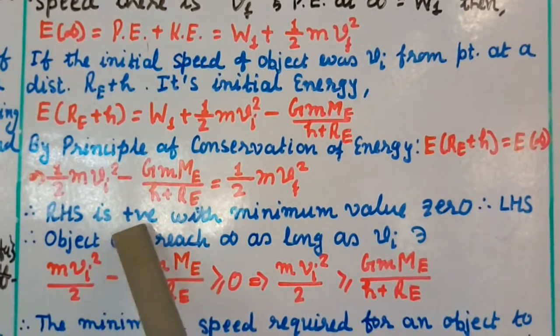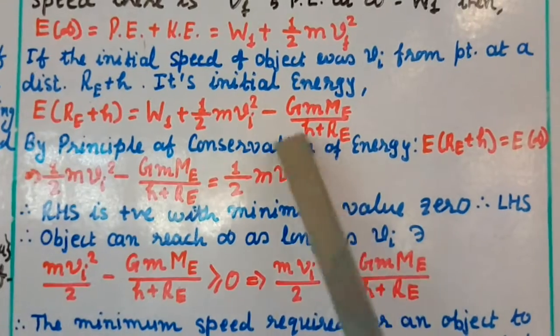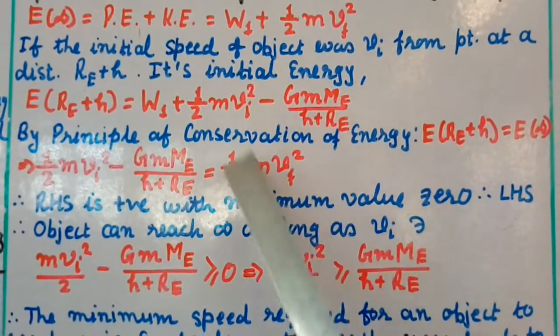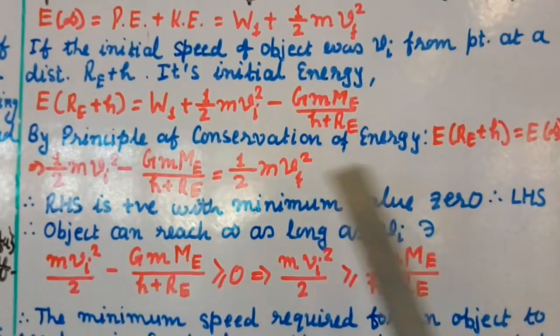Therefore the right hand side is positive, with minimum value 0. Now you can see in this equation that the right hand side is positive, there is a plus sign, and the minimum value should be 0.